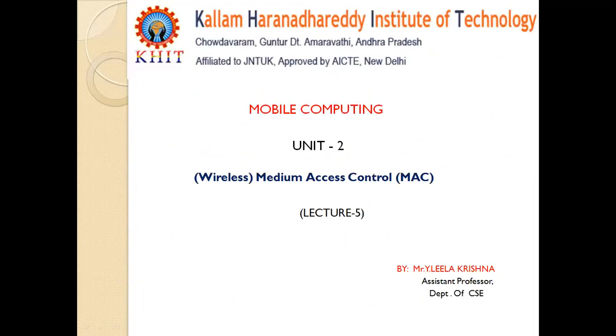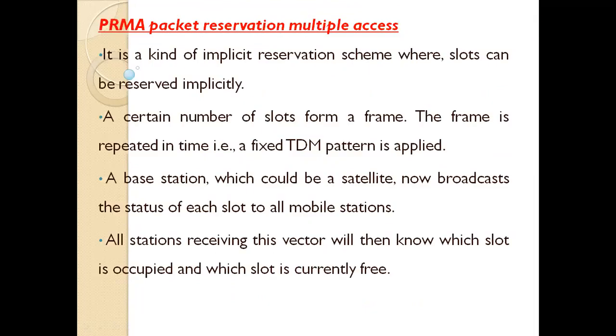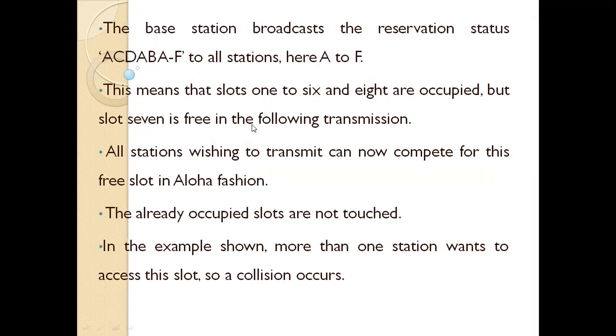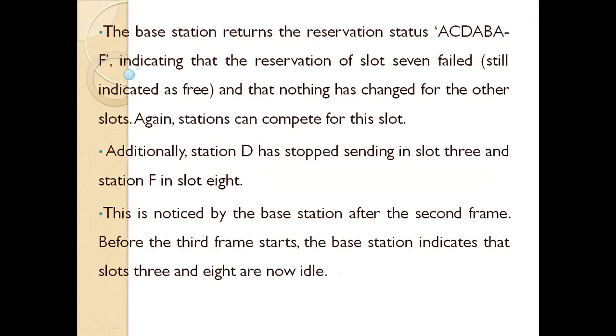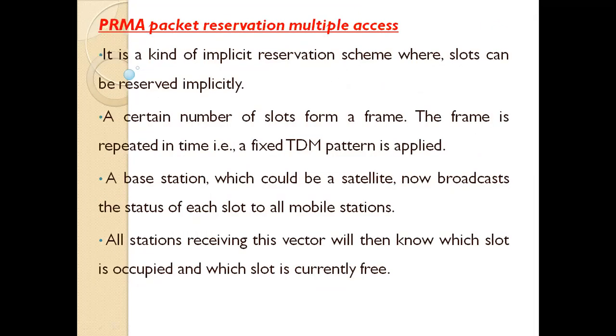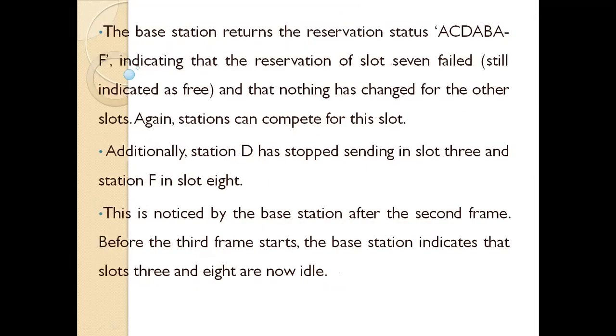Next, in lecture number 5, we discussed packet reservation multiple access, that is PRMA. Here we covered how frames are reserved, how the reserved frames are allocated to the users, and how collisions are avoided.